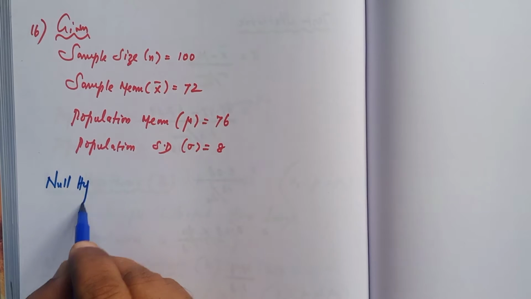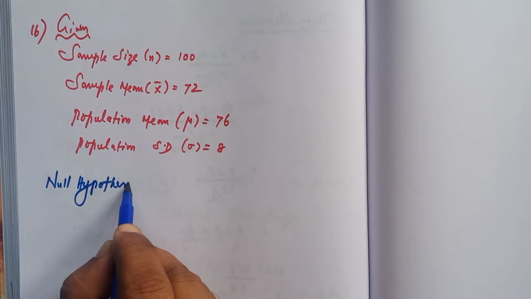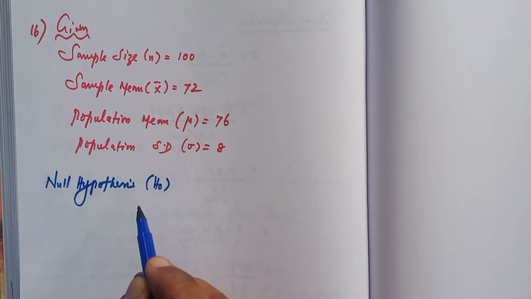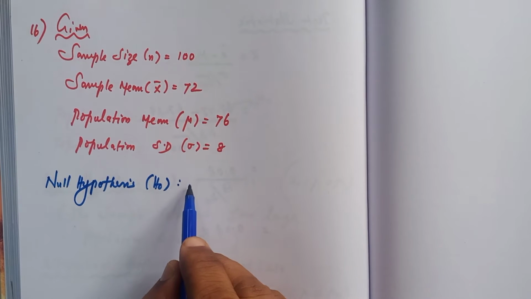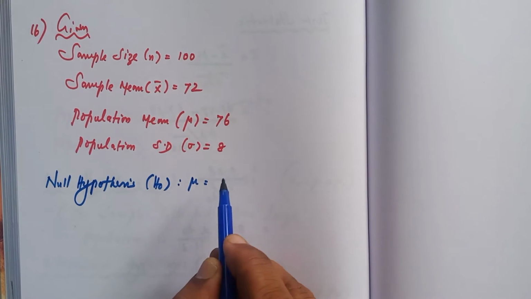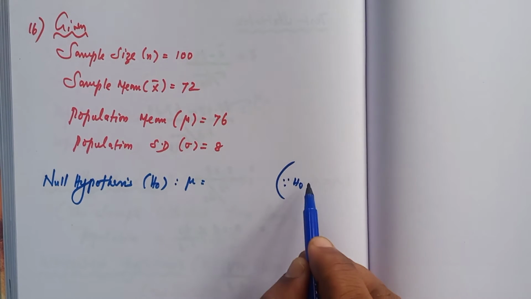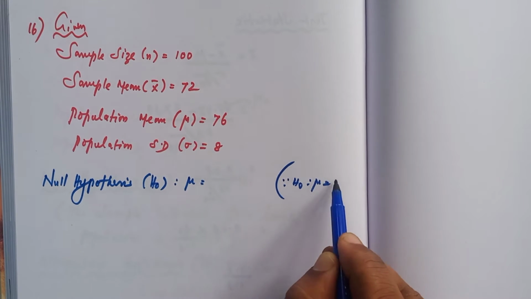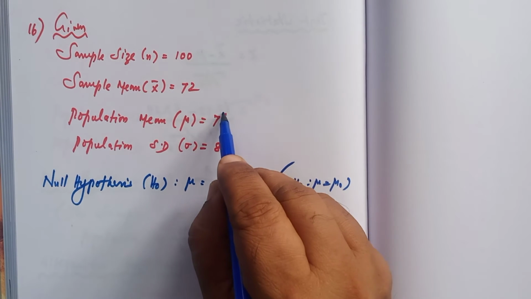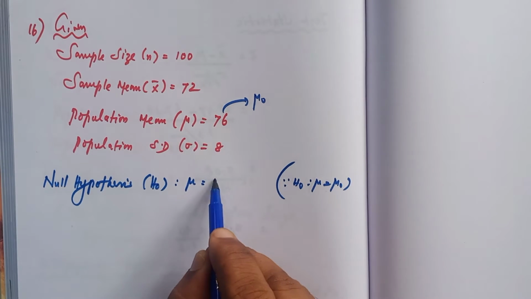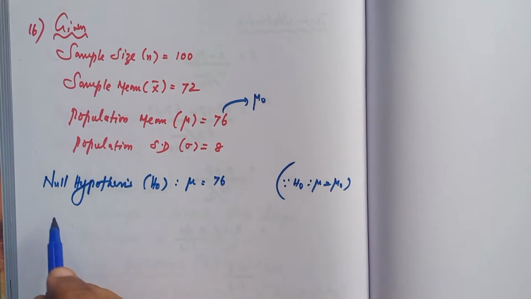Null hypothesis H naught, that is mu equals mu naught. The condition here: H naught such that mu equals mu naught. What is mu naught? 76.